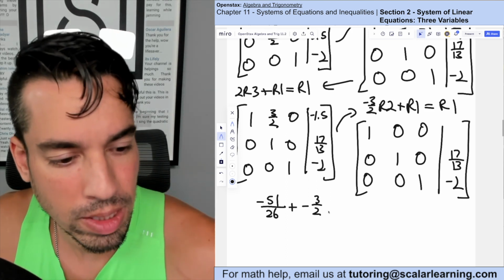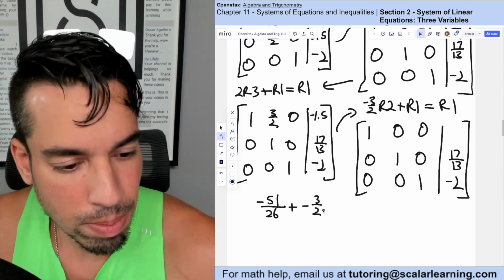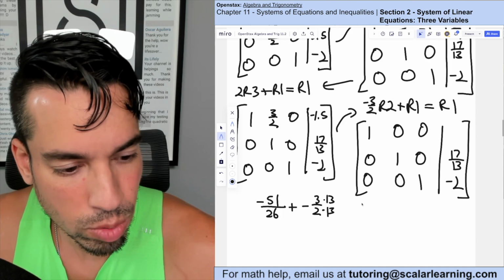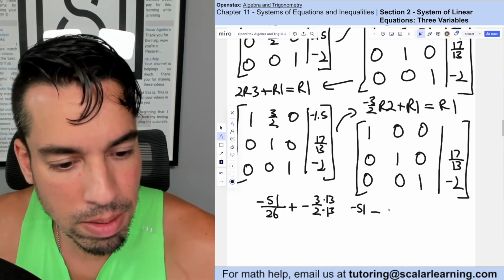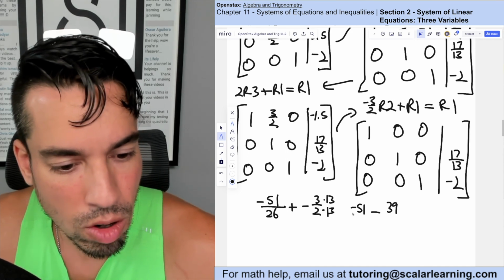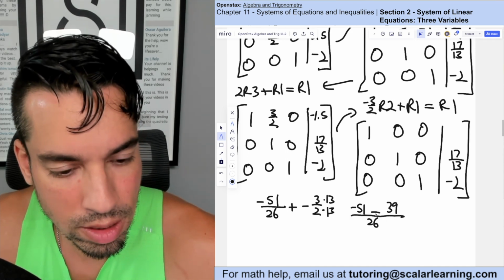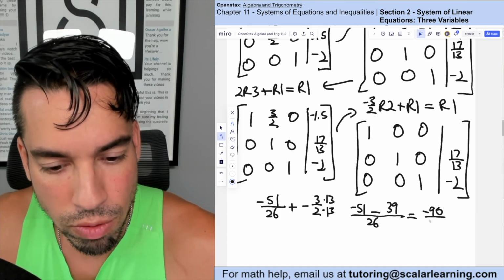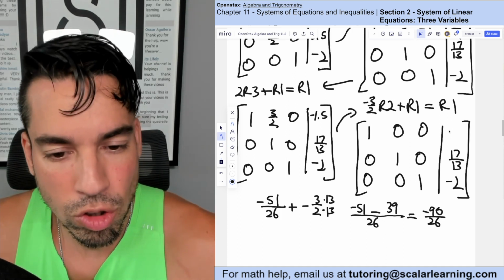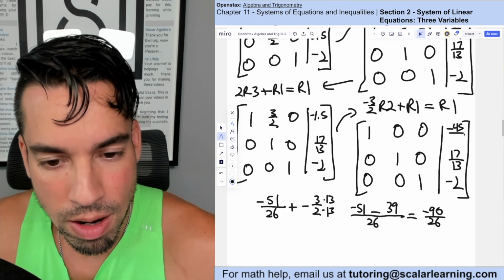And I'd love some common denominators here. So I'm going to multiply top and bottom by 13, so we get 26 as a common denominator. So now I get negative 51, basically minus 39, all over 26. Negative 51 minus 39 is negative 90 over 26, which reduces, if you divide by 2, to negative 45 over 13.